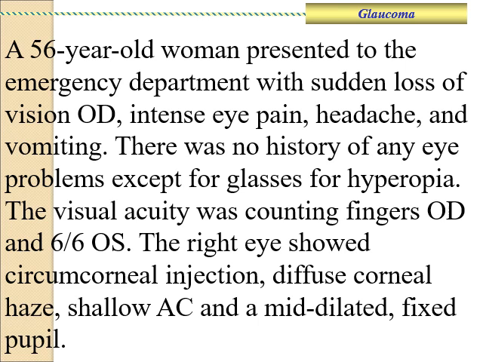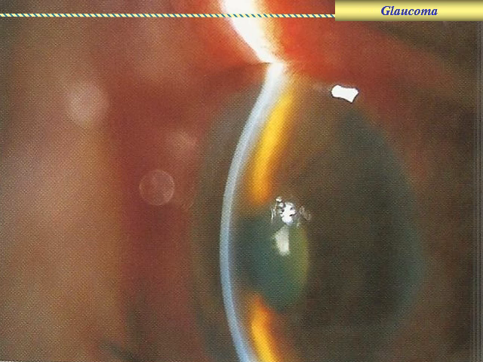The right eye shows circumcorneal injection, diffuse corneal haze, shallow anterior chamber, and mid-dilated fixed pupil. This is the clinical presentation of the patient. Notice the corneal edema and the shallowness of the anterior chamber.